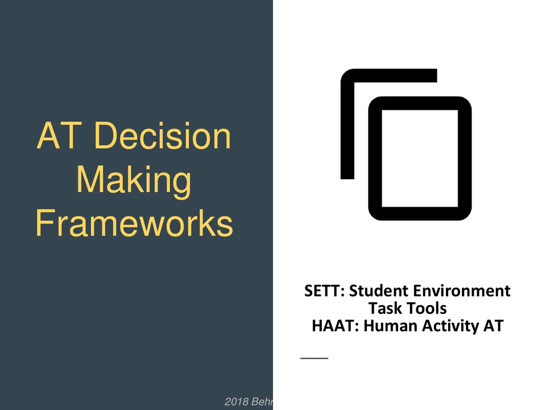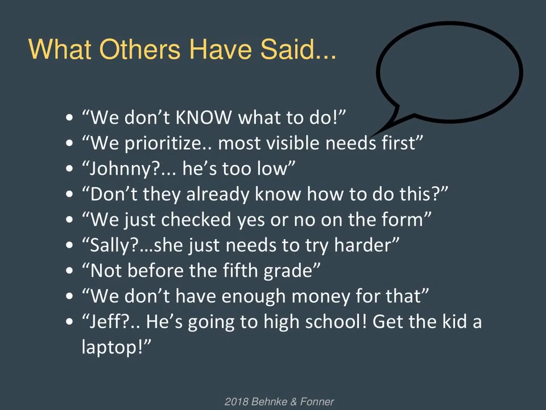When we look at decision-making frameworks, that's kind of overall assessment, but when we look at decision-making frameworks that help you get closer to this feature match piece, gathering together information from people who say, "I don't know what to do," or "let's use something else," or "we're not going to do this before somebody's in a certain grade."